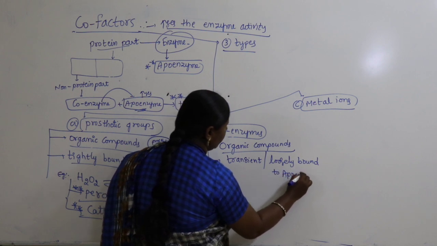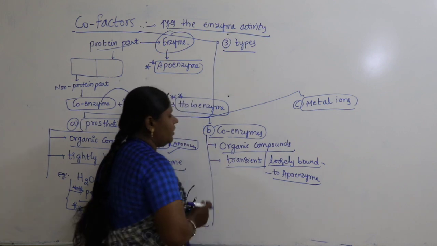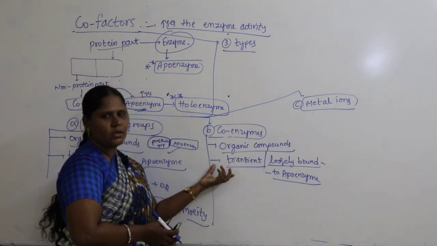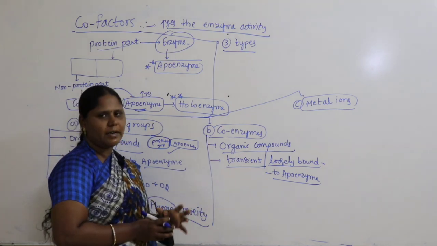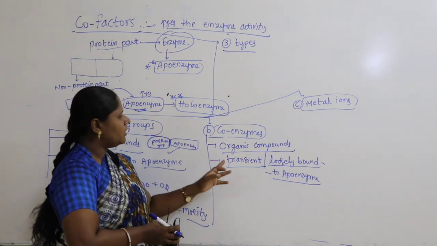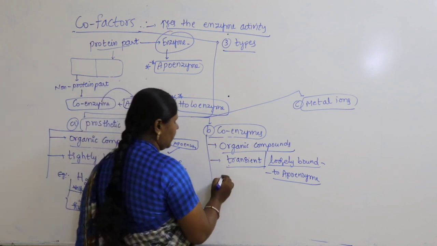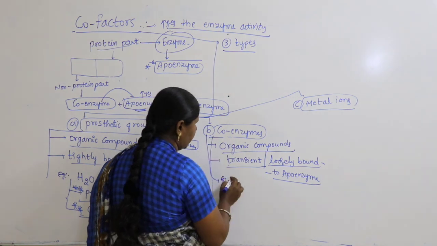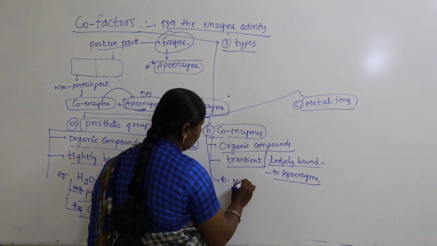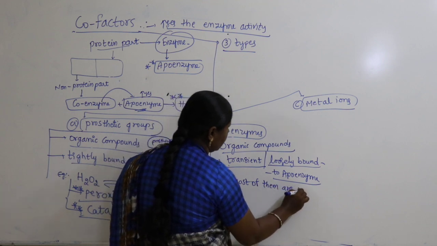Transient means very light. The bonds present are weak, very loosely attached, not so tightly bonded, and these are called coenzymes. Most of the coenzymes are vitamins.